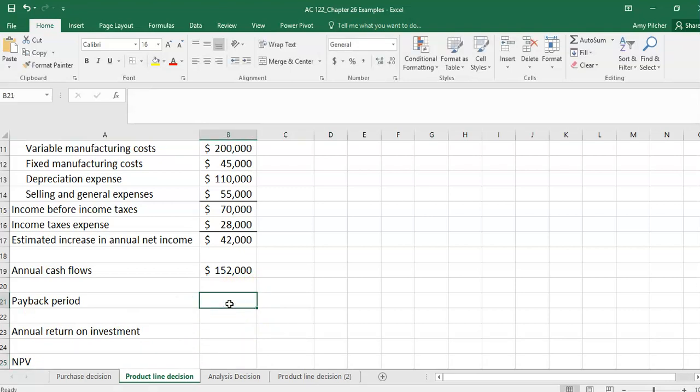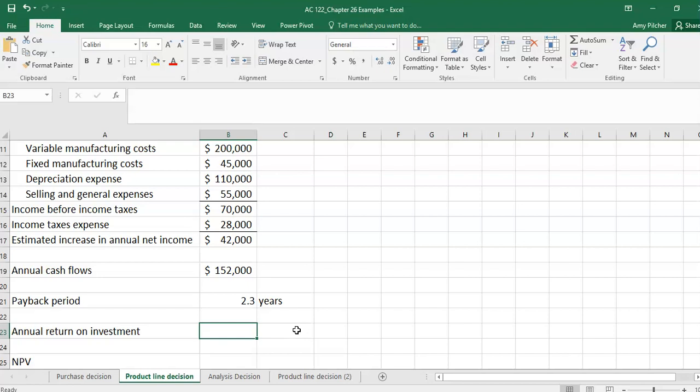So payback period, remember, is the initial cost divided by the annual cash flows. 350,000 divided by 152,000. So our payback period is 2.3 years.